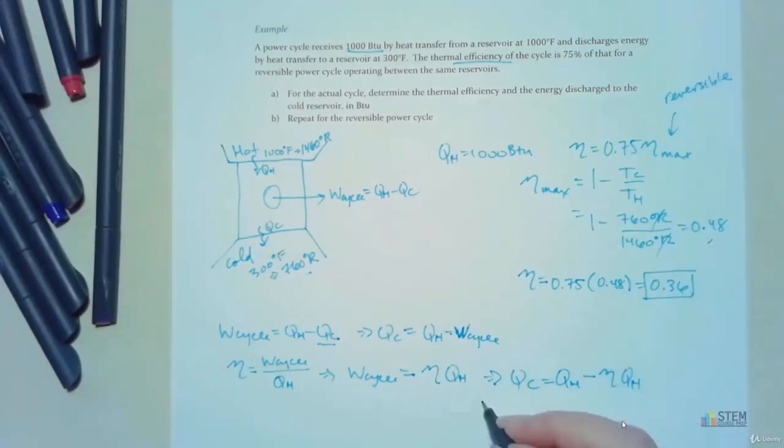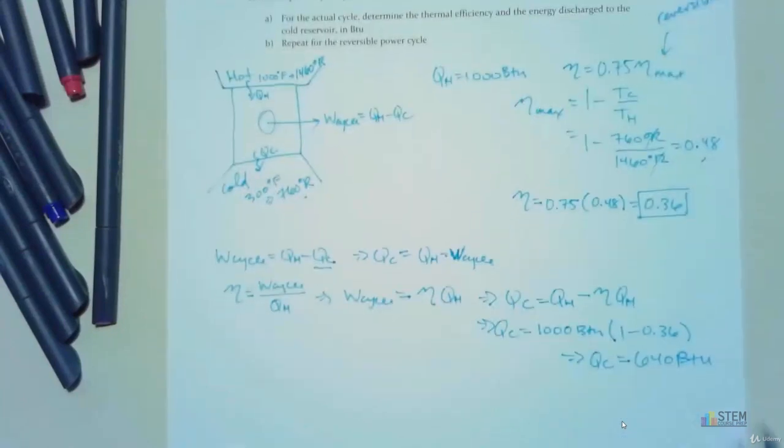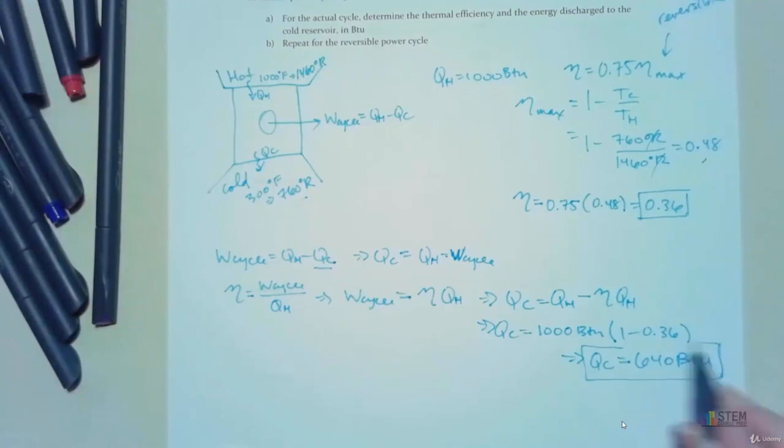And then let's plug in our numbers. We'll have QC. Notice you have QH here, so I'm going to pull that out. QH is 1,000 BTU. Multiply that by 1 minus 0.36. That gives you a QC of 640 BTU. There we go.